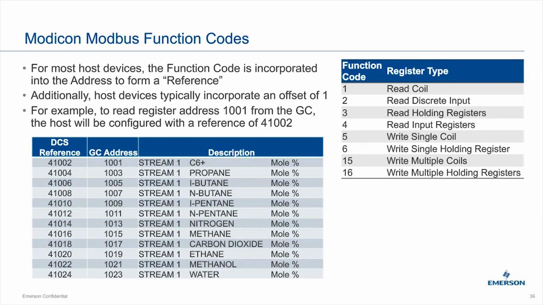Now, here's one of the problems that happens with Modbus. It isn't a standard. It's been built up as a de facto standard, and so there's some confusion and some different ways of setting up the Modbus maps. What we find is that even though we set up the GC address as 1001, a lot of host devices actually incorporate the function code.